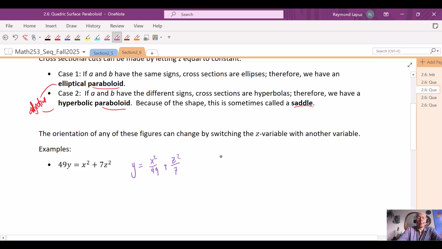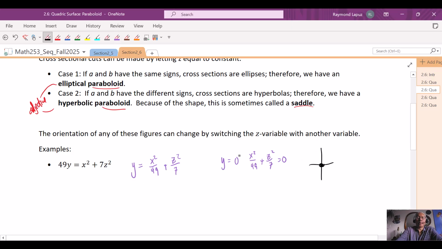Let's let y equal 0, for example. Then we will have x squared over 49 plus z squared over 7 equal to 0. That isn't really getting much for us, right? So this looks like it's just going to be a dot.